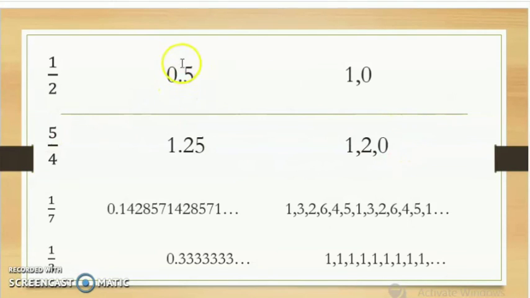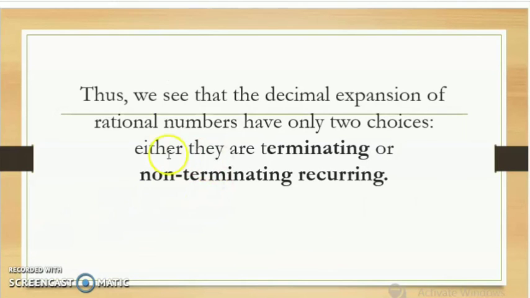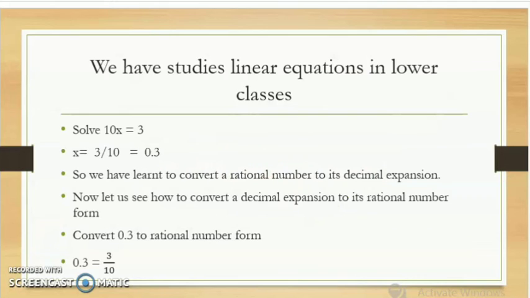Either they are terminating, or they are non-terminating recurring. It has no end, and after a certain number of stages it repeats as well. So they have only two choices: either they are terminating or they are non-terminating recurring.